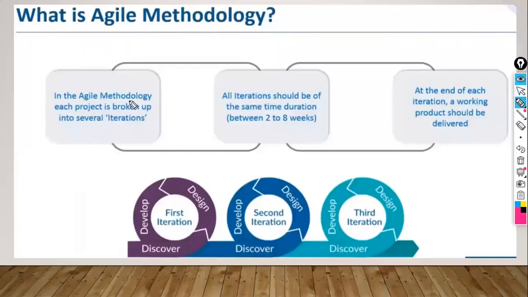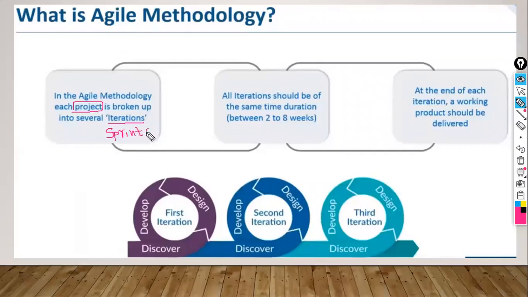In this agile methodology, we are going to break the project into different iterations. This entire project is going to be divided into different iterations, or we can call them sprints. In agile terminology, we call it a sprint.